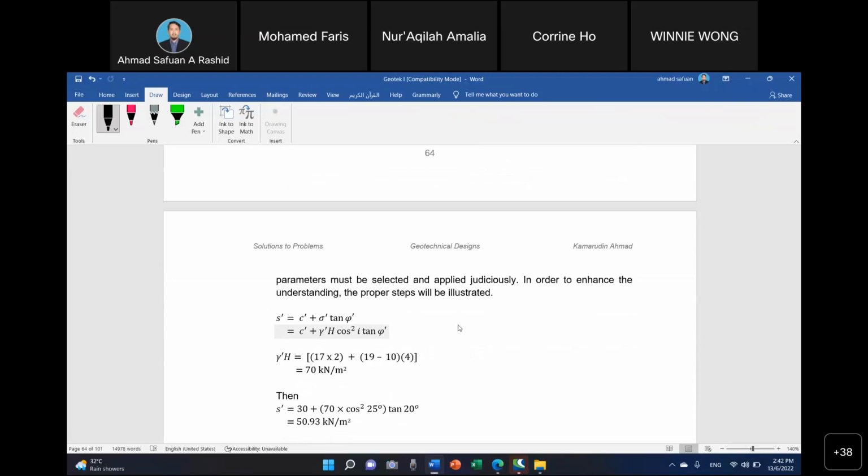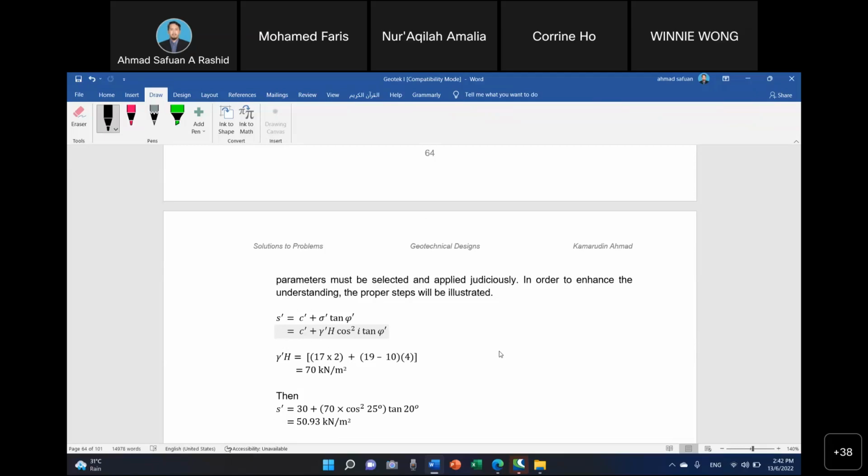As I mentioned previously, the water doesn't shear, so we should not eliminate the value for the unit weight of the water in the calculation.